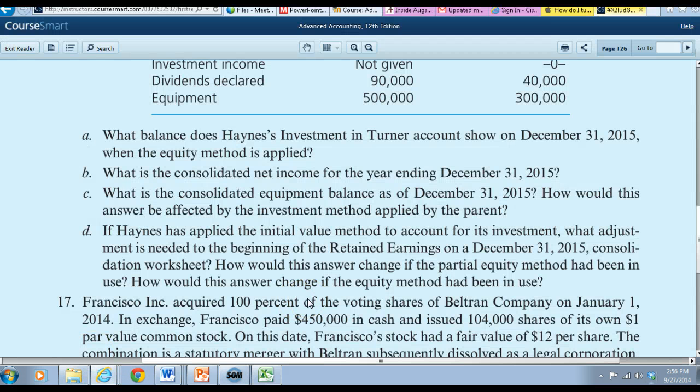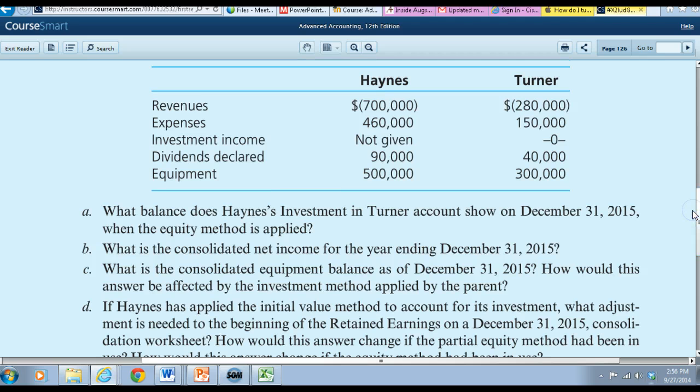Let's look at C. What is the consolidated equipment balance as of December 31st, 2015? How would this answer be affected by the investment method applied by the parent? So for the equipment balance as of 2015, we show equipment on Haynes is $500,000. Equipment on Turner, we show $300,000. Let me go into my Excel.